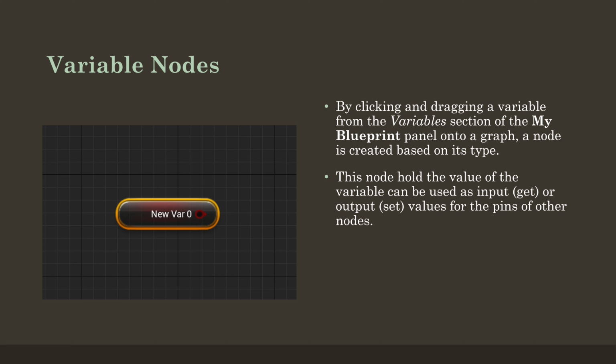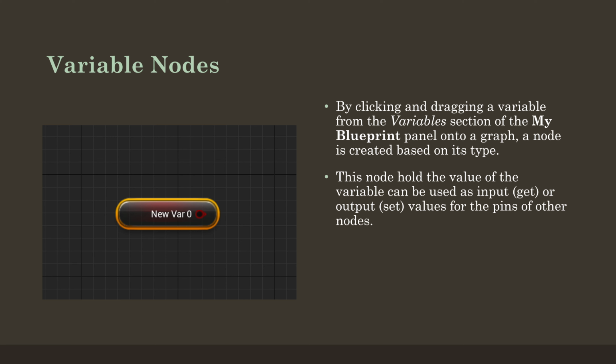This node, when created within a graph, has the value of whatever that variable holds based on its type and other details. This allows us to then use the variable based on its type as input to other existing nodes by creating wires between the variable within the graph and the input pins of other nodes. We could potentially also change the value of variables as a result of different nodes by clicking the output pins from the node to the node containing the variable. So this allows us to actually use the variables.